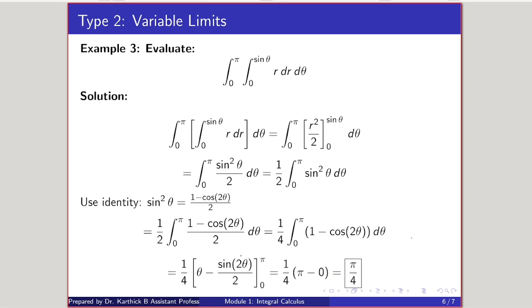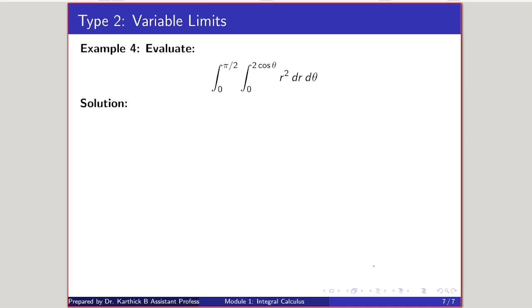If I substitute the limits over here, sine 2 pi divided by 2 minus sine 0 by 2. Anyway, I will get 0 minus 0, simply 0. So only 0 remains. Finally, I am getting the answer as pi by 4.